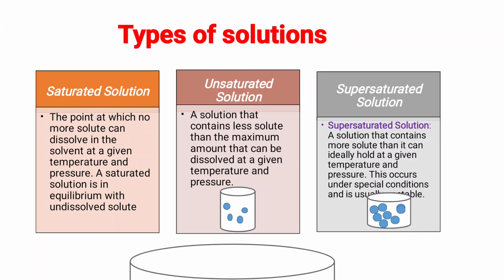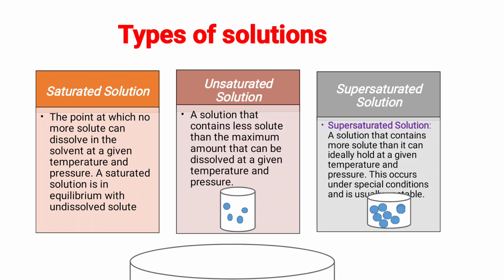Types of solution: saturated solution, unsaturated solution and supersaturated solution. So the basic difference: saturated means the point at which no more solute can dissolve in the solvent at a given temperature and pressure. A saturated solution is in equilibrium with undissolved solute.